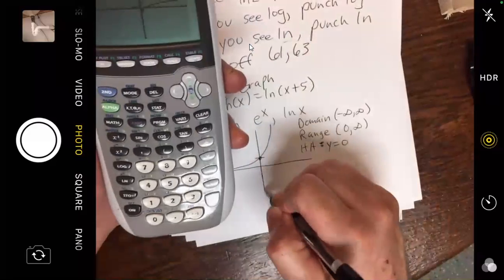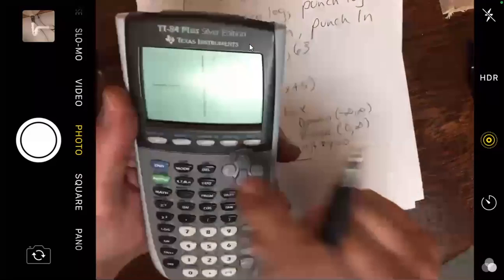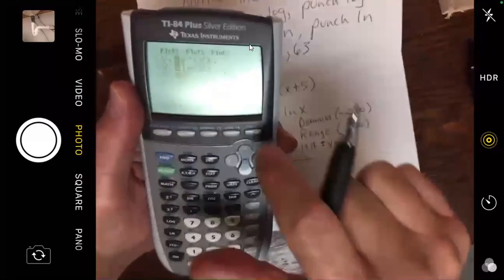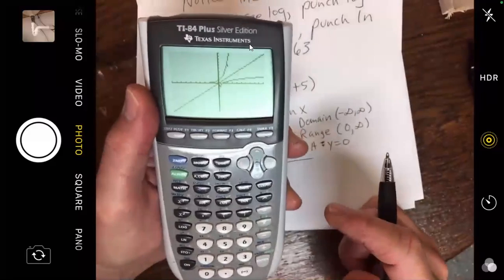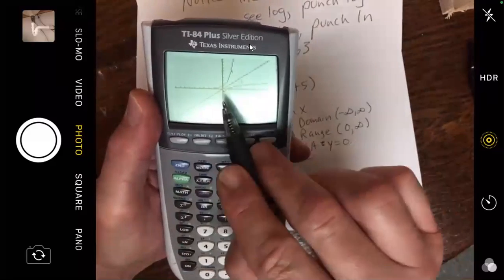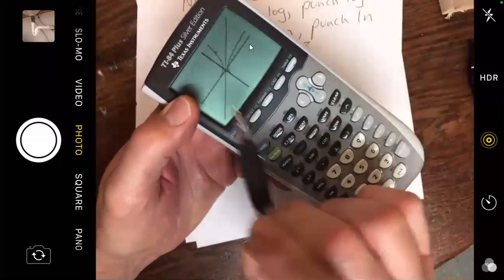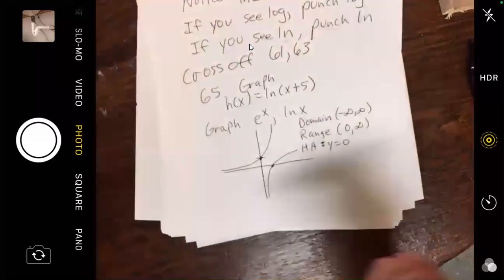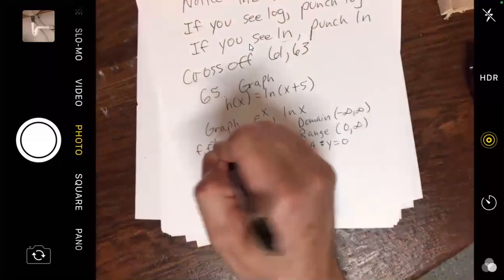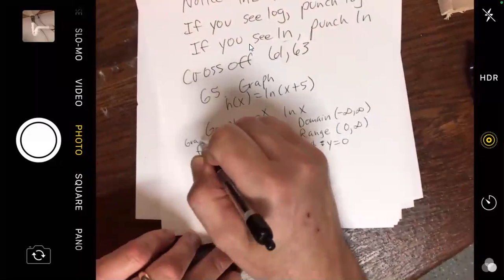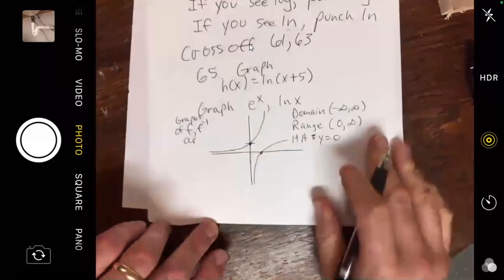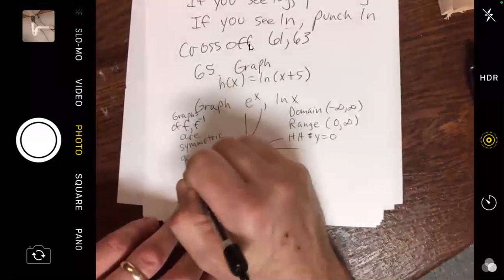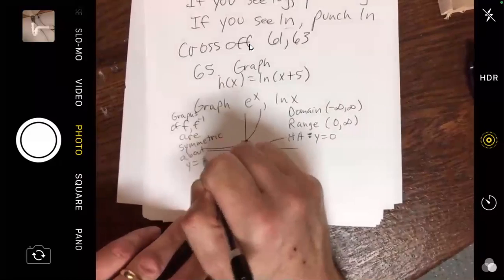I don't know if you remember this property. Let's stick on y equals x. Do you see that? The y equals x line goes right through, and if you see the symmetry, the two curves are symmetric about the y equals x line, as they should be since they're inverses. Remember, the graphs of f and f inverse are symmetric about y equals x.